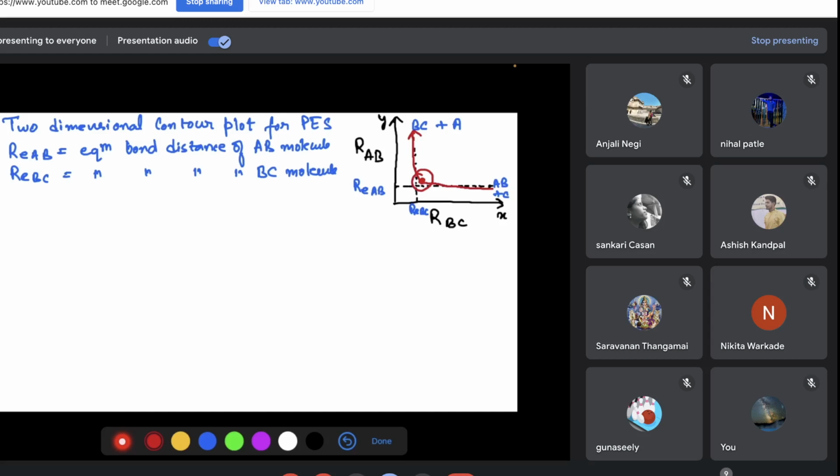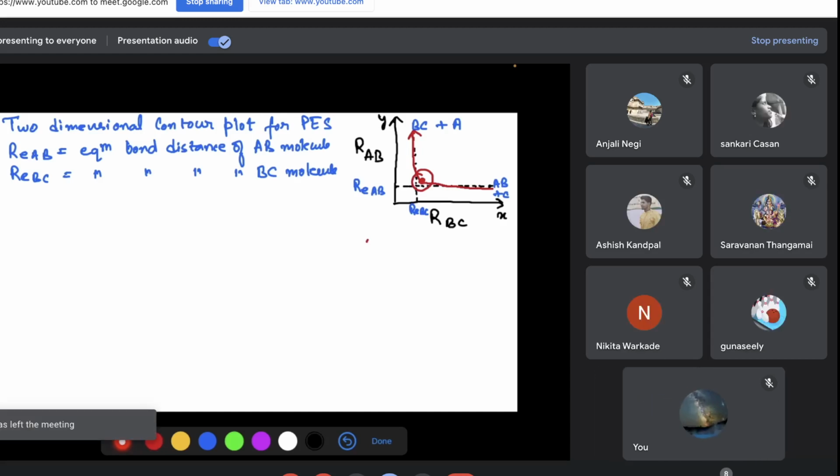So this is actually how the energy diagram looks for the reaction.